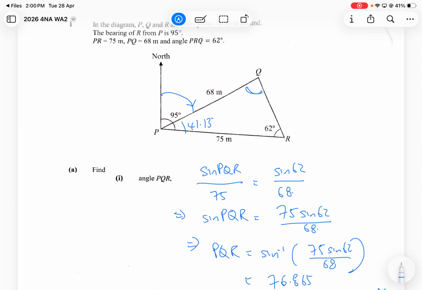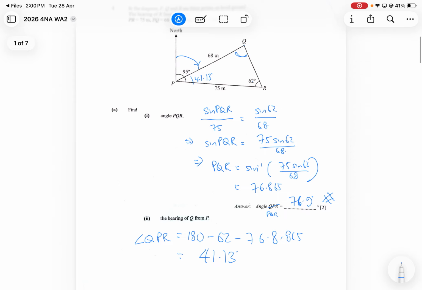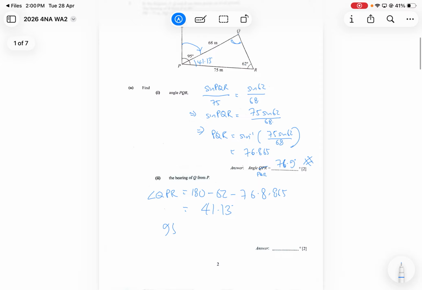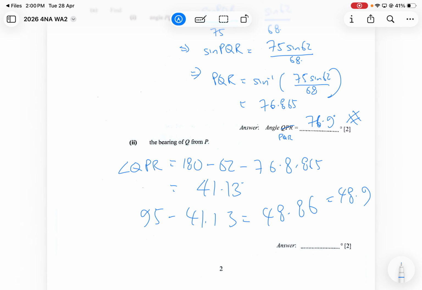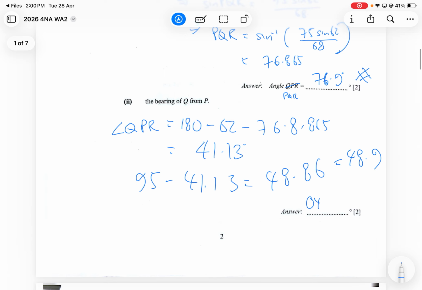If I want to find bearing this angle, it will be 95 minus 41.13. 95 minus 41.13 is equals to 48.86, or 48.9. Okay, so this angle is 48.9, but when I write it as a bearing, I must add a 0 in front. 048.9. Answer.